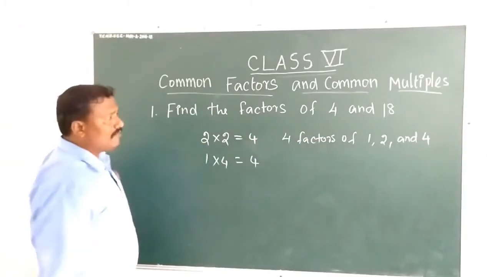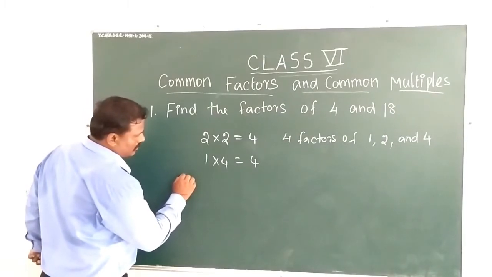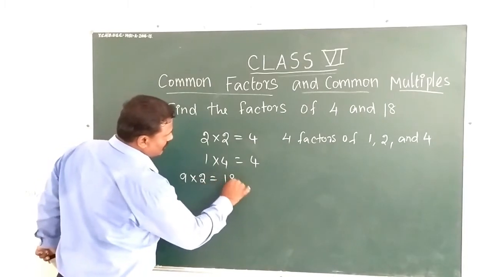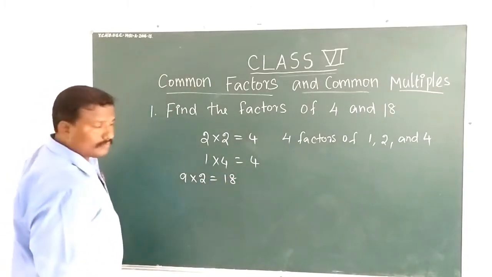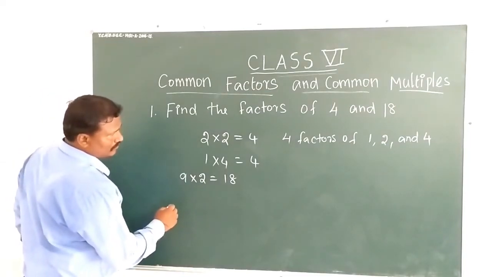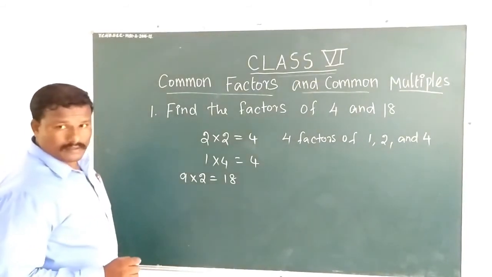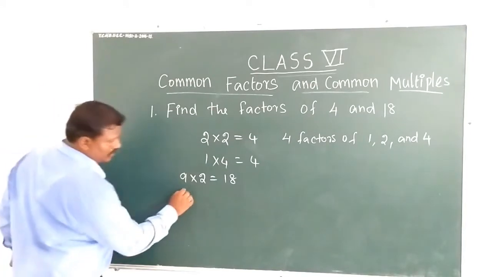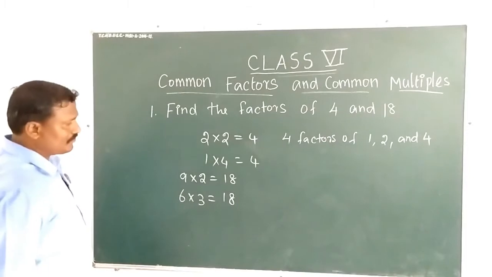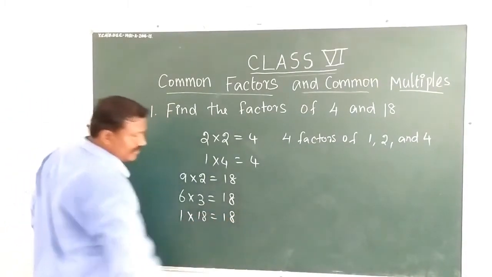Now I am going to find the factors of 18. 9 2s are 18. Then 6 3s are 18. Then 1 18 is equal to 18.